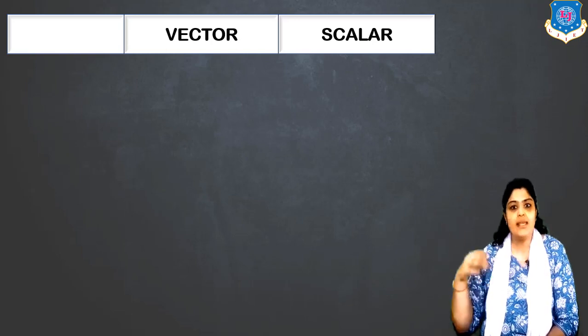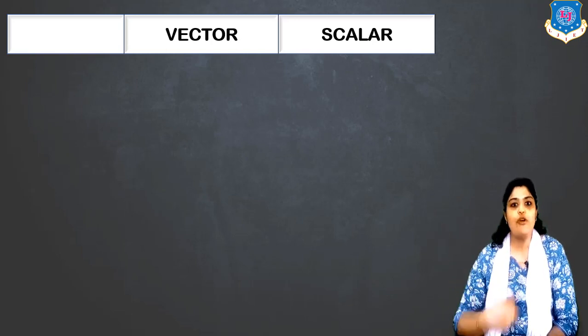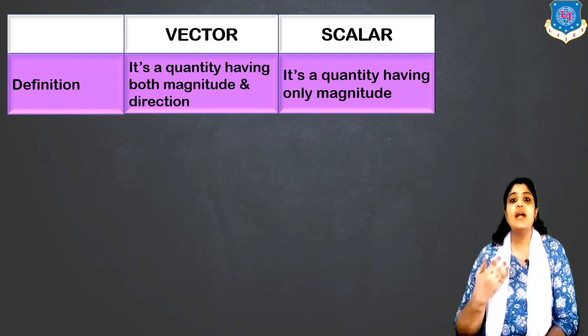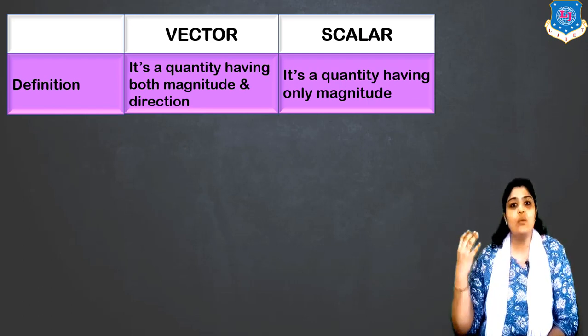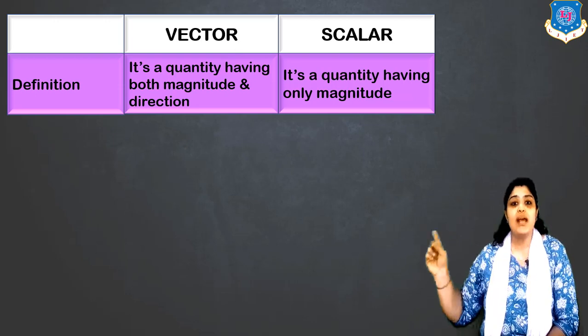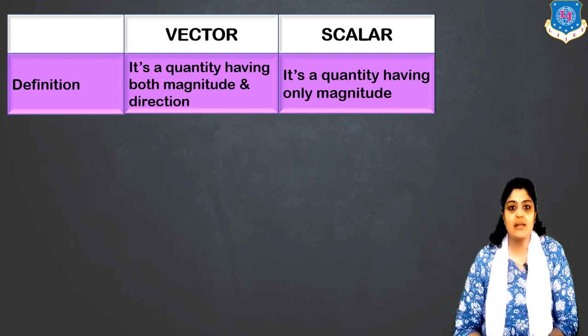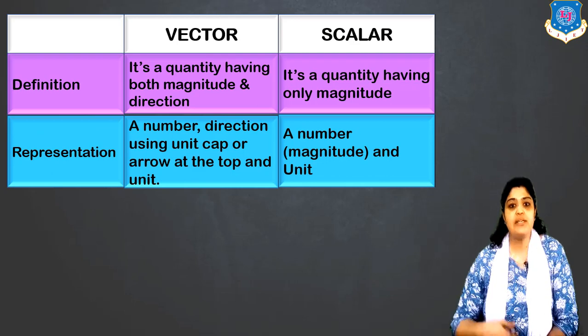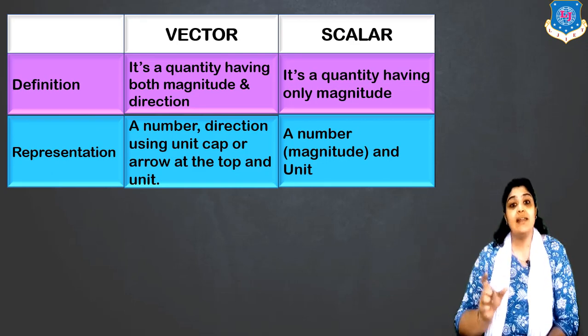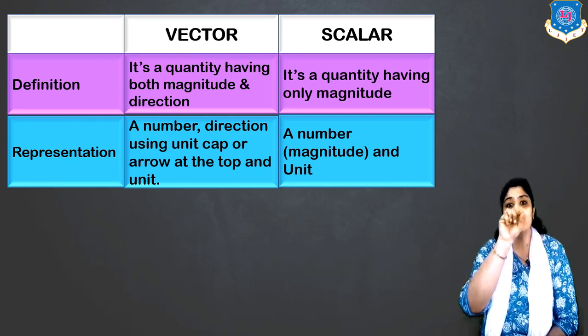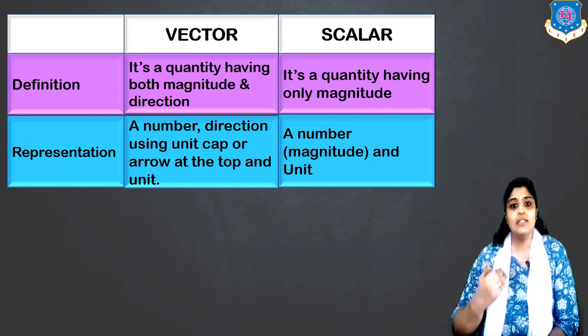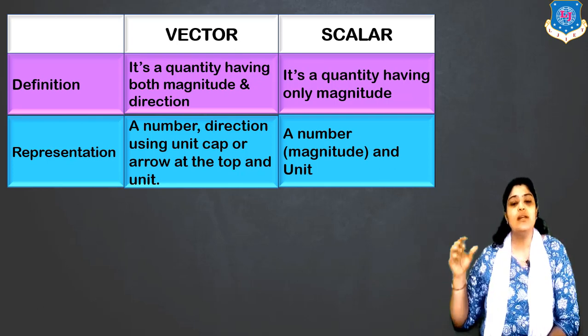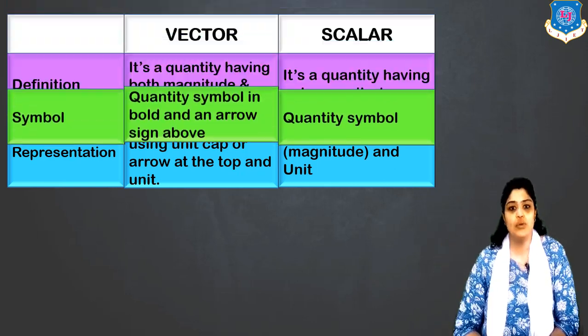Now we have seen what scalar and vector quantities are. So I'll just compare these two quantities, a brief of what we have discussed. Starting with the definition, a vector quantity is a quantity which has both magnitude and direction, whereas a scalar quantity only has magnitude. Coming to the representation, we represent a vector quantity with a number, the direction using an arrow or a cap, and its unit, whereas a scalar quantity is just represented by a number and unit.